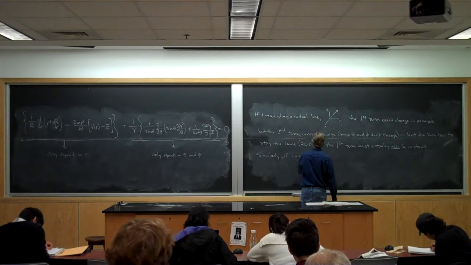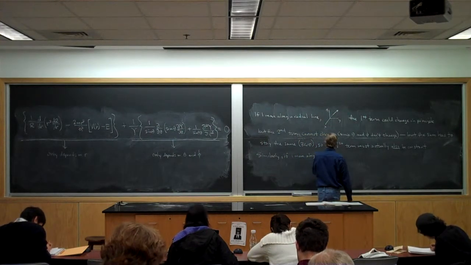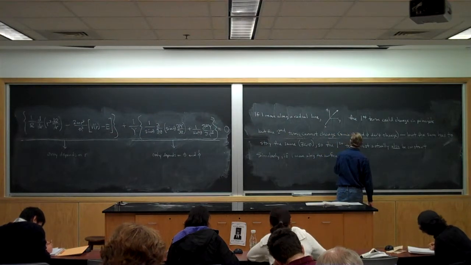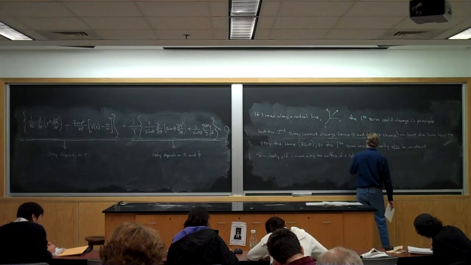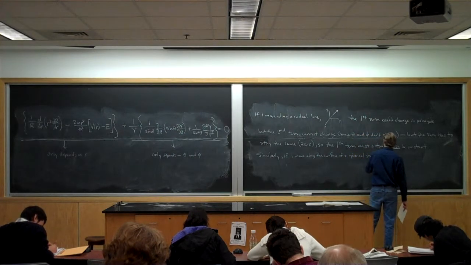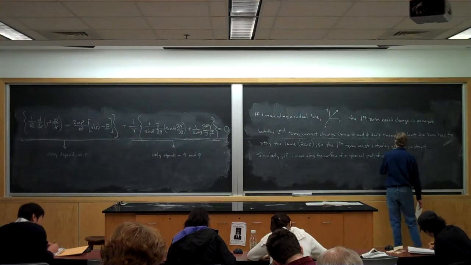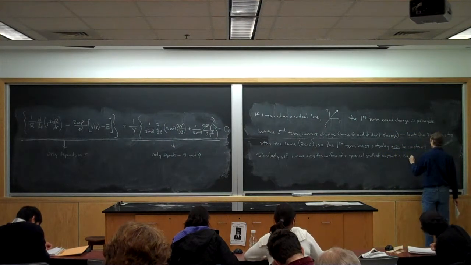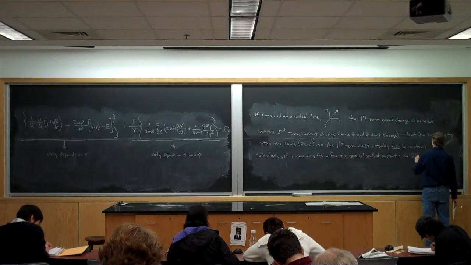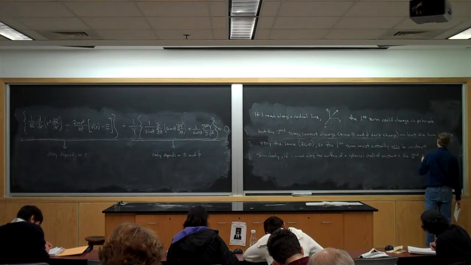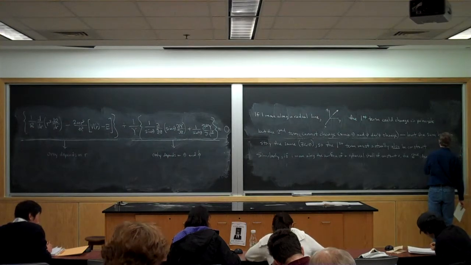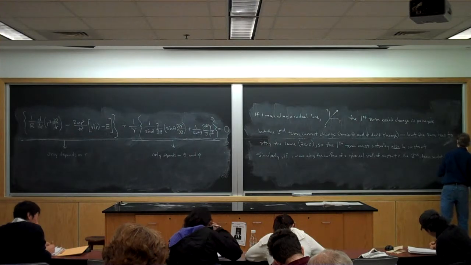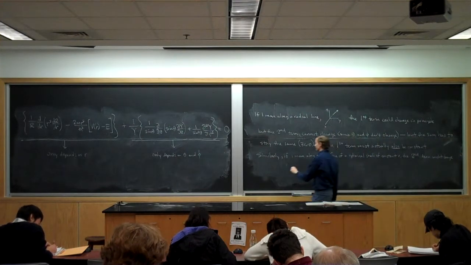If I move along the surface of a spherical shell of constant r, the second term might change, but the first one doesn't. So therefore, the second one doesn't either.